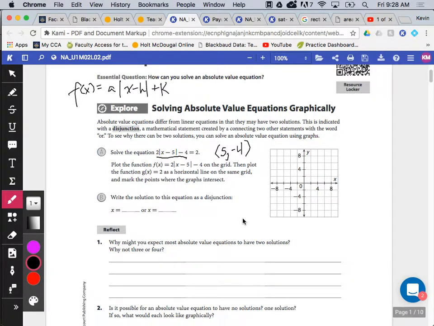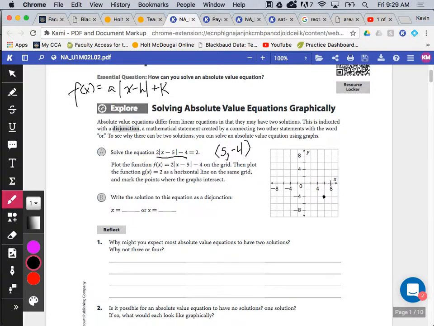So we have this equation here, and we want to solve it, but we want to use graphing. We want to solve it graphically. All right? So we're going to graph it. We start with our vertex, which is at 5, negative 4. We've done this many times now. And our slope is what, class? 2.